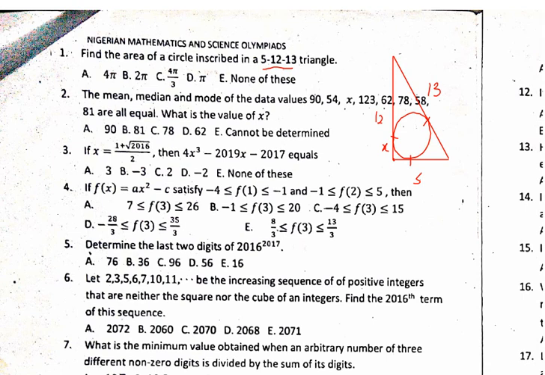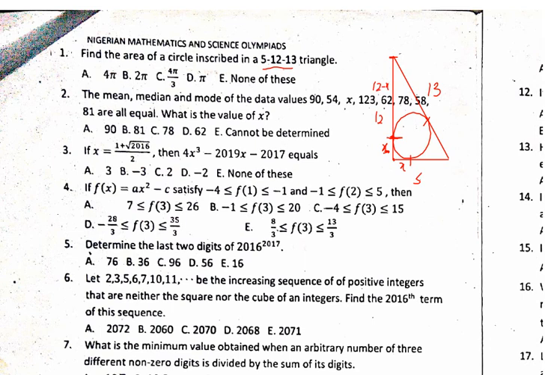This is x, and this is the second tangent, so they are equal, x and x. If you come here too, this is also a tangent from an external point. They are equal. Since this is x and the whole side is 12, removing this part x, the remaining part is what? 12 minus x.